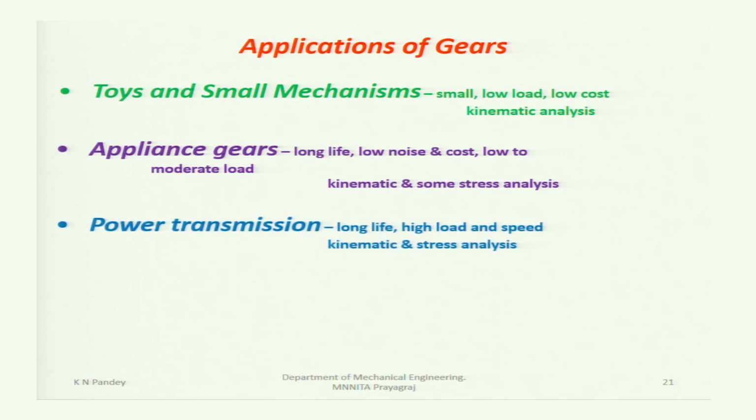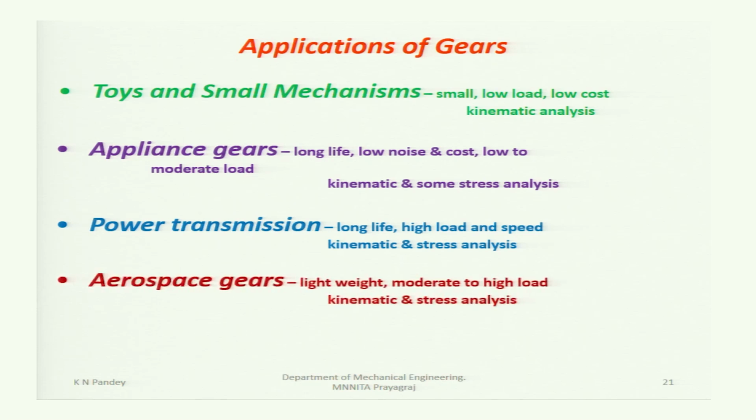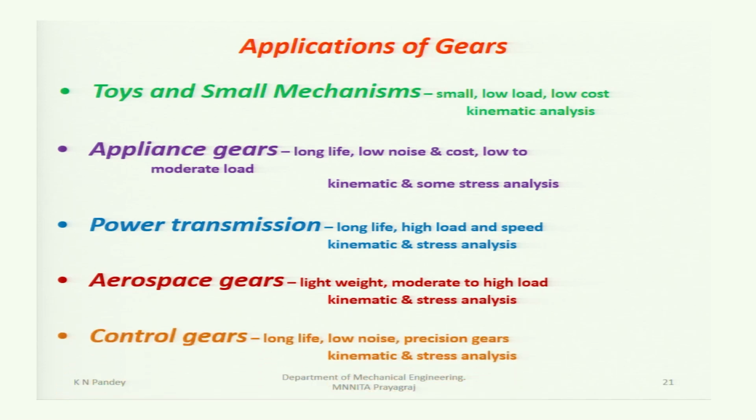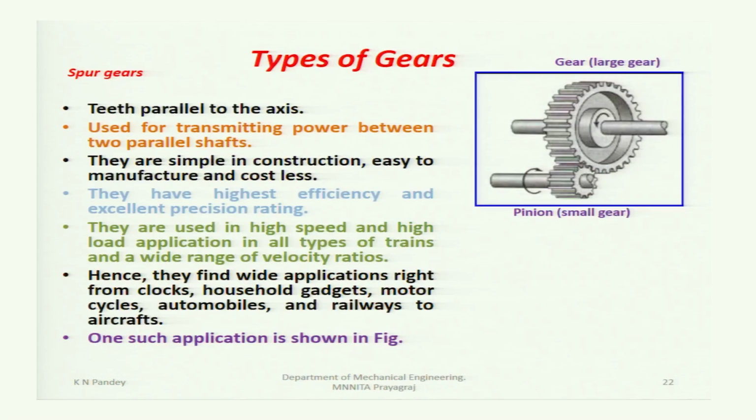For the case of power transmission, long life, high load, speed, in that case kinematic and stress analysis both are required. Aerospace gears, lightweight, moderate to high load, in this case also kinematic and stress analysis are required. Finally, the control gears, in that case also long life, low noise, precision gears are required, and in this case again kinematic and stress analysis are required.